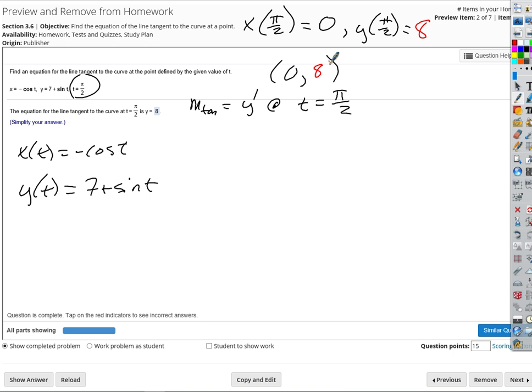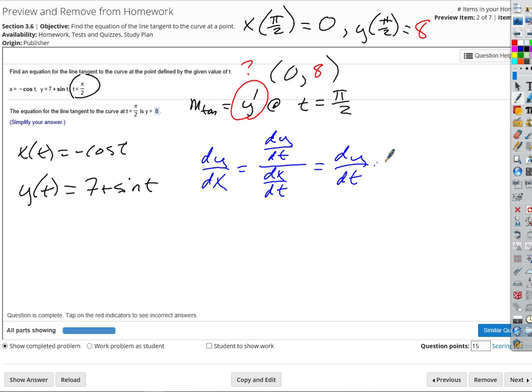Okay, so then to find the slope of the tangent line, we've got to find y prime, right? So y prime is just dy dx. I've got y as a function of t and x as a function of t. So that's where I could say dy dx is the same thing as saying dy dt divided by dx dt, which is equivalent to dy dt times dt dx, whichever way you want to think about it, right?